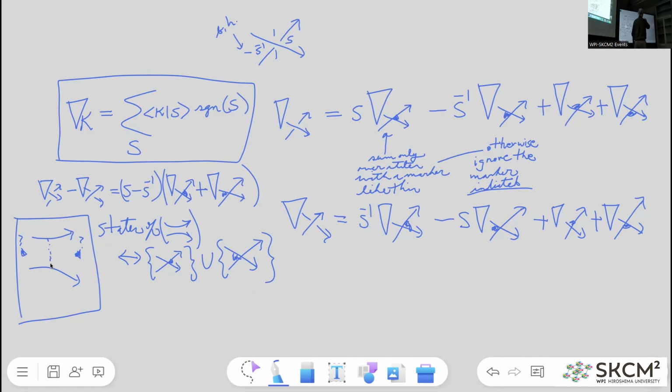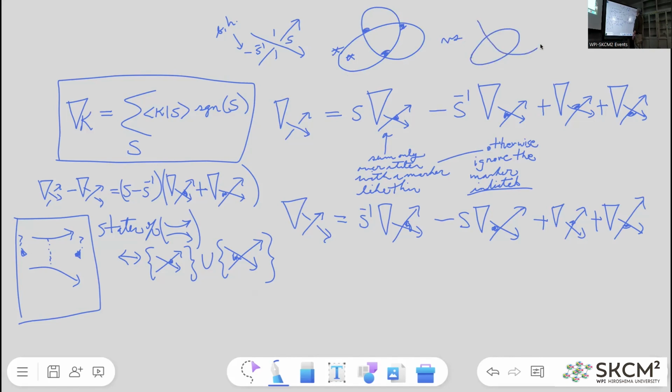And that may not be clear to you, so let me just show you an example and then I think it will be completely clear. Let's take this guy here. Right? Versus a smoothing of it like this. So this is where I have this and I'm comparing it to this. And I want to draw a state of this that corresponds to this state. So I have a marker here, I leave it alone, and I have a marker here.